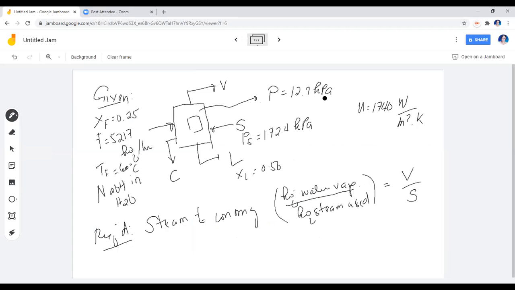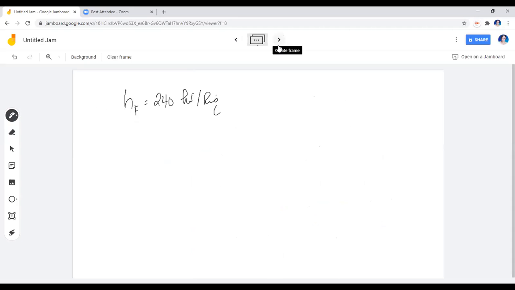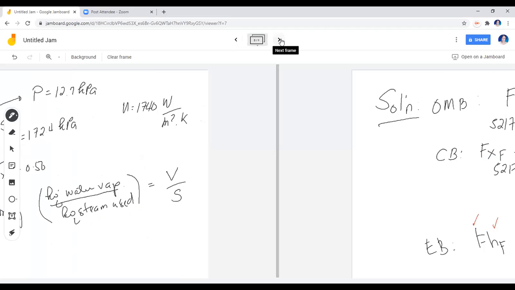So what you're going to do, you go to your steam tables and get the corresponding saturation temperature at this pressure. So I'd like to indicate it here in our solution that you need to go to the steam table. So from the steam tables for a pressure of 12.7 kPa.